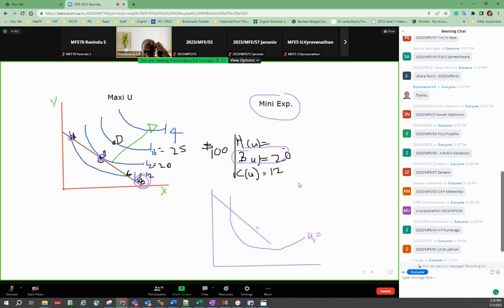There you try to get that satisfaction with the minimum budget. So you reach this point B, that's the optimal level you can reach. And A and C are also feasible.